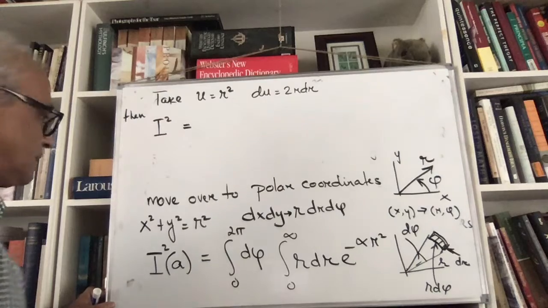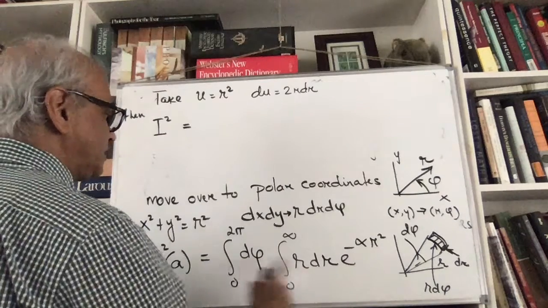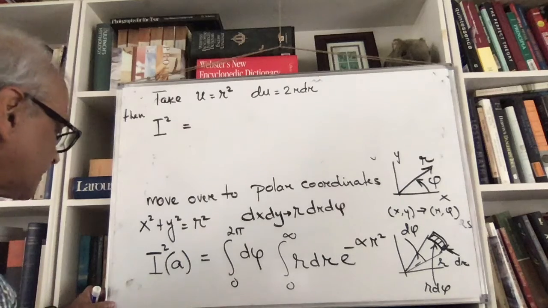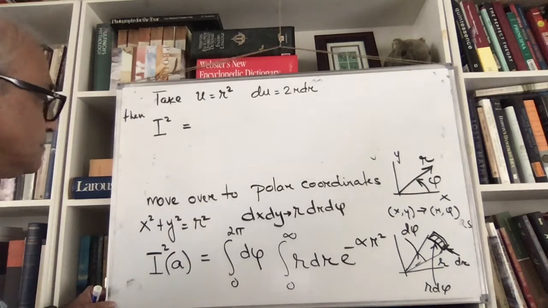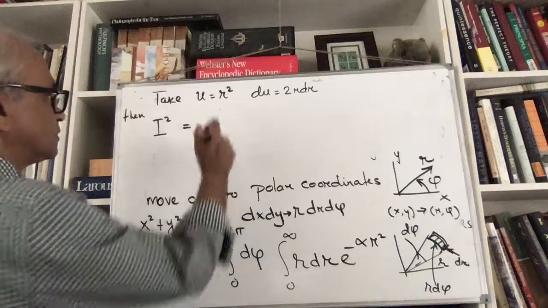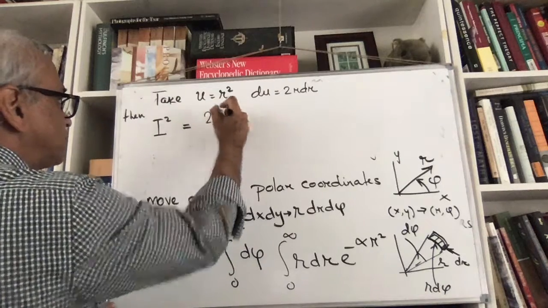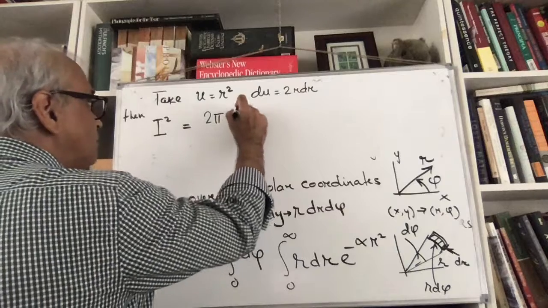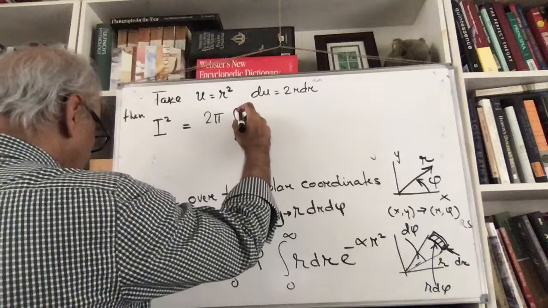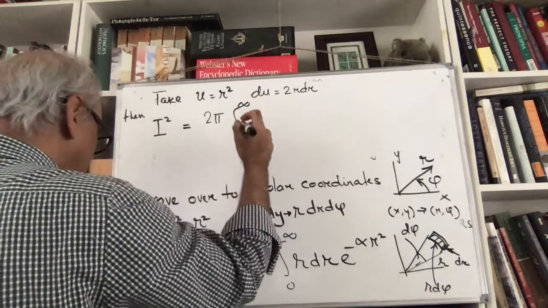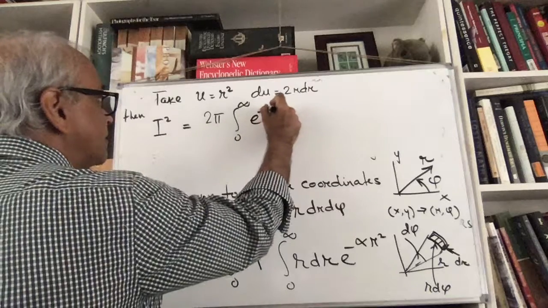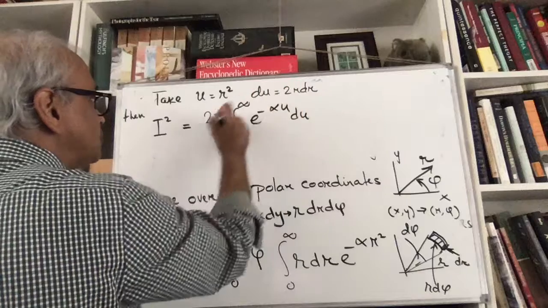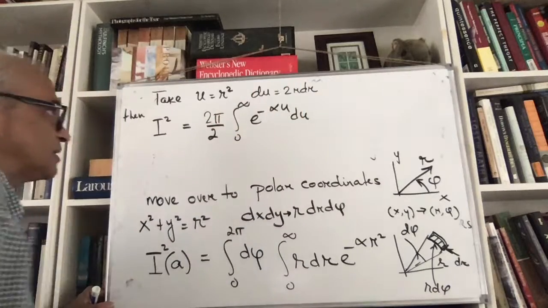Okay, so then I squared equals, I'm writing over here, this d phi becomes your 2 pi, so nothing changes there. And then you go from 0 to infinity, you have e to the power minus alpha u du, but there is a 2 that comes underneath, so there will be a 2 over here.